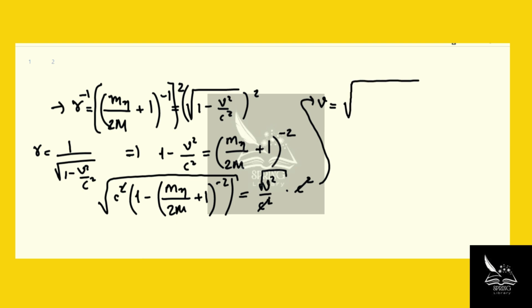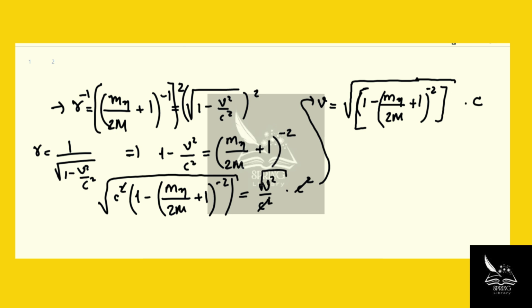Square root of 1 minus the mass of the new particle over 2m plus 1, but only the square of the inverse of this term. So let's use a different kind of bracket here. Times C. Again, C is out of the square root.